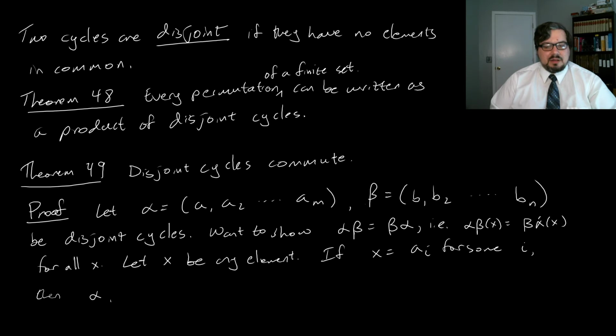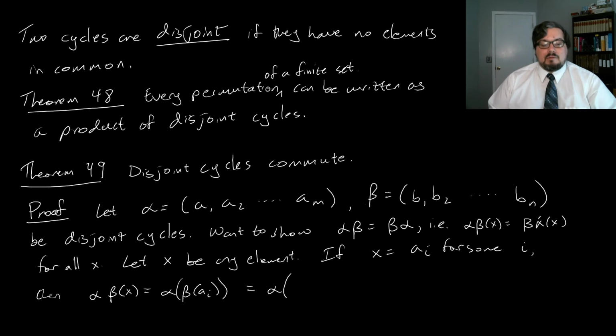Then alpha of beta of x will be alpha of beta of ai. Now, ai does not appear in beta.